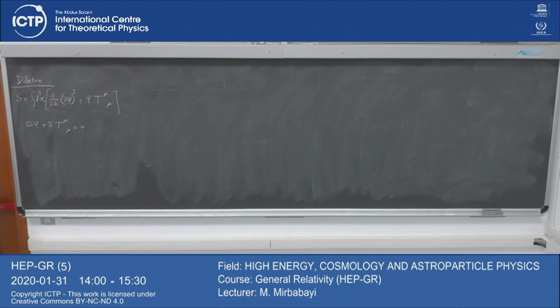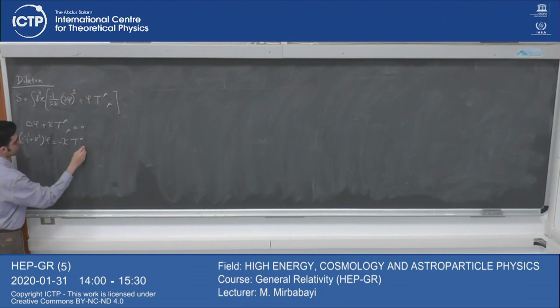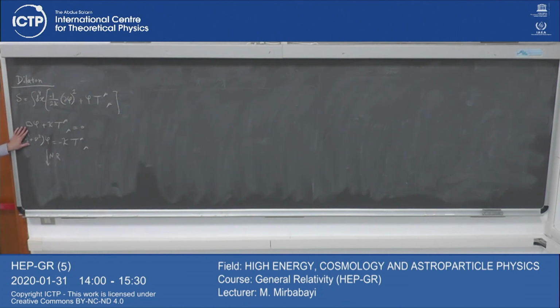And if we want to get the right non-relativistic limit, remember that box, in my signature, is minus the second time derivative plus Laplacian, and this has to be equal to minus kappa T mu. In the non-relativistic limit the time derivatives are much smaller than the spatial derivatives, so we get Laplacian phi on the left hand side.